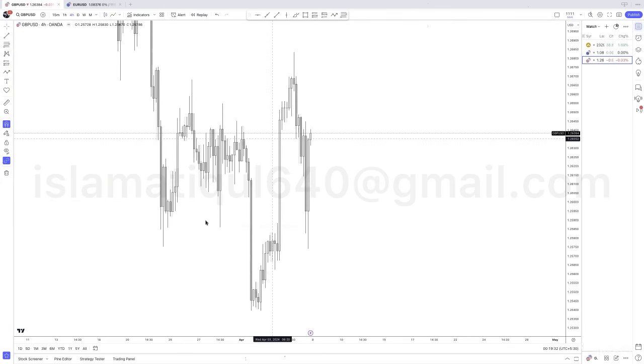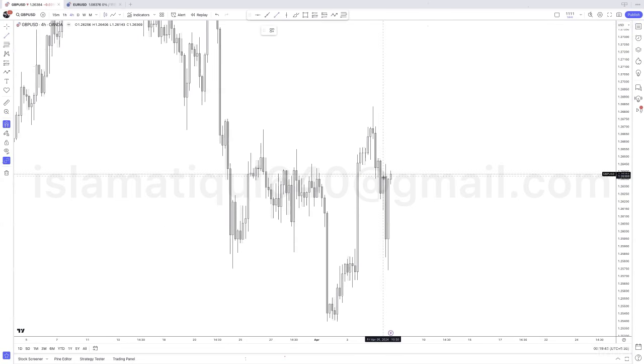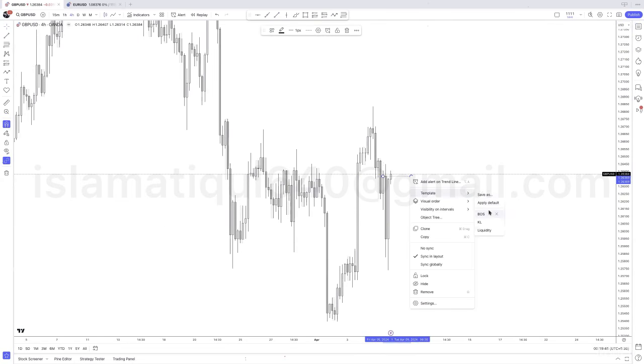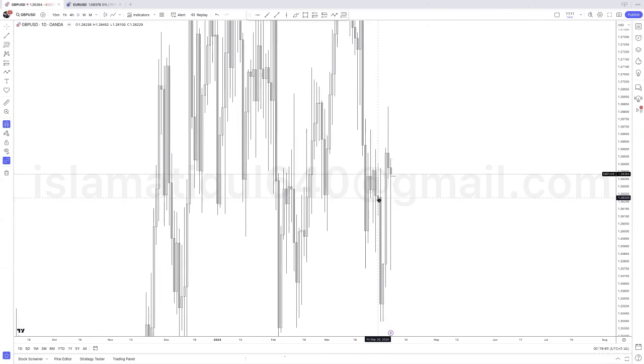So let's see. We have a question: is a break of structure only valid if a body is closing above the wick, even if the line chart breaks? I explained that. This break right here is valid, because even though it is only on the line chart, daily rejects a daily support.